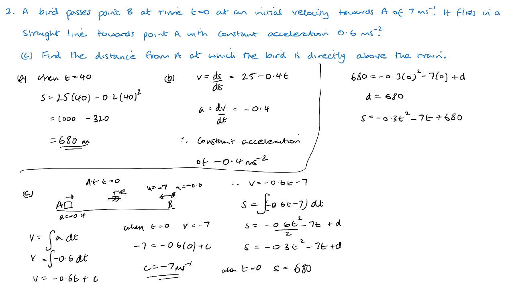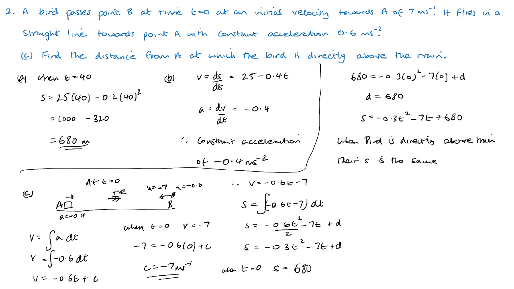Okay, so now I've got an equation for the distance of the bird. Now when the bird and the train are directly above each other, the distances are going to be equal. Okay, so when the bird is directly above the train, their displacement, S, is the same.